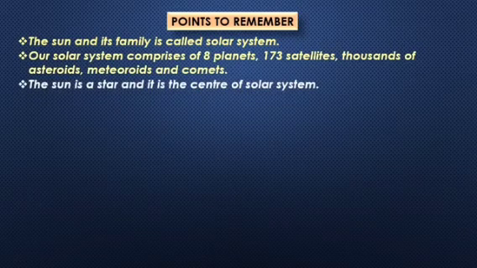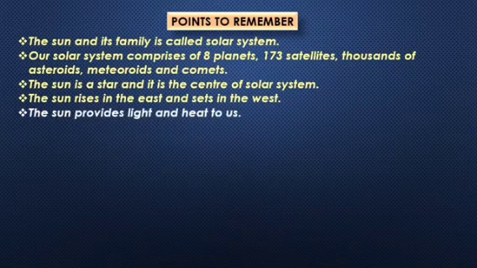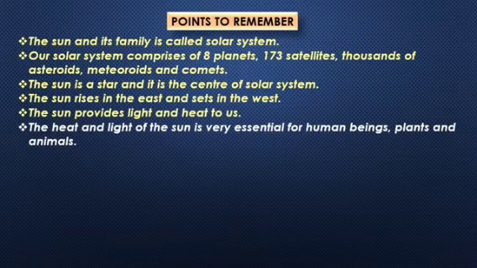The sun is a star and it is the center of our solar system. The sun rises in the east and sets in the west. The sun provides light and heat to us. The heat and light of the sun is very essential for human beings, plants, and animals.